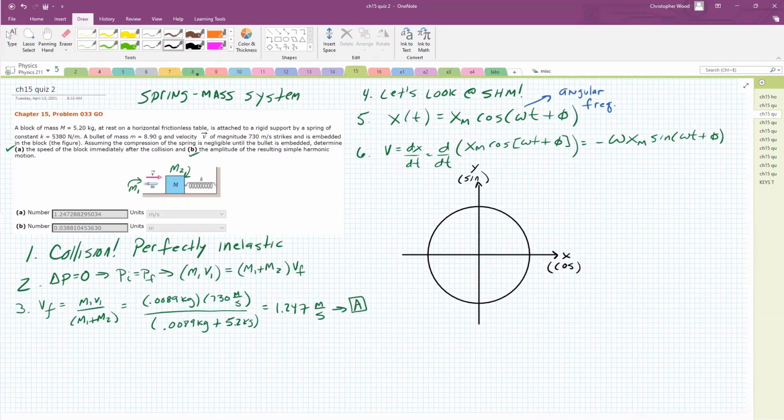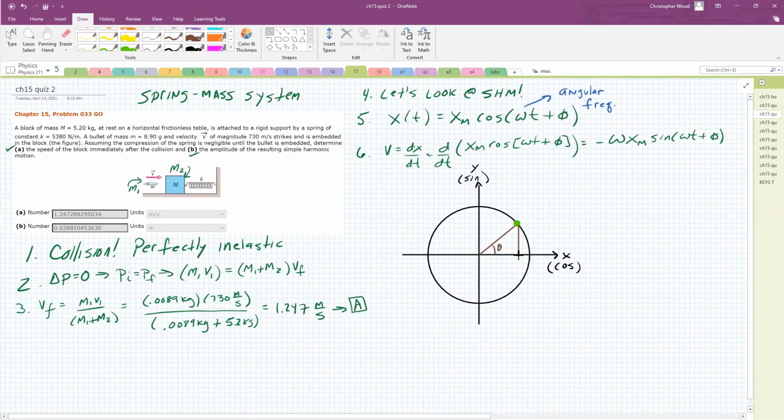If I have some angle, let's say I'm sitting right here, I'm making a certain angle theta. So this is theta. Whatever this projected value is right here, down to the cosine axis, whatever this value is, this is the cosine of theta.